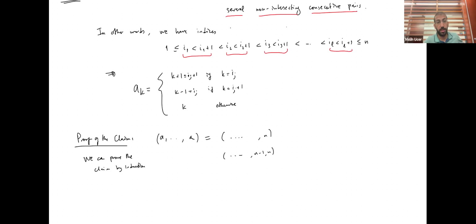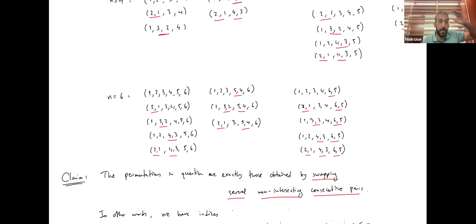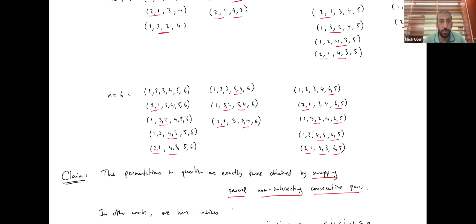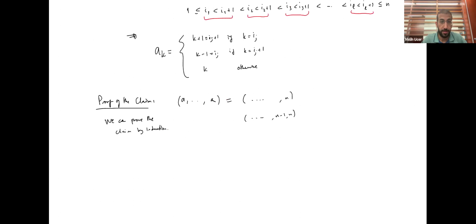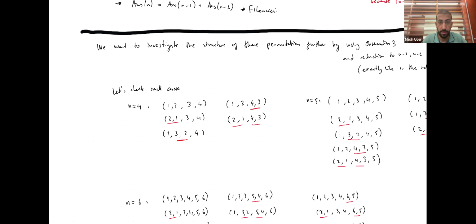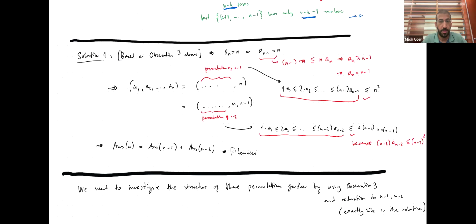The claim is correct for n equals 1, obviously. There is nothing to swap. For n equals 1, the claim is obvious. In fact, even earlier I should have said, we didn't need to say induction there. We just did the recursive formula.